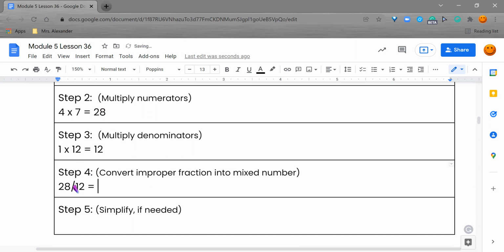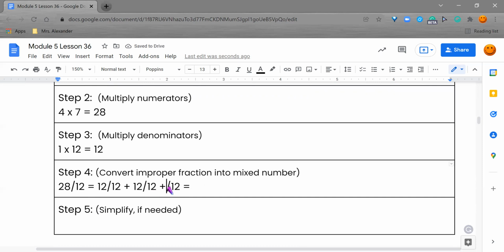We're going to see how many times 12 goes into 28. So we're going to skip count. I know I have 12, I have 24, and if I add another 12, it gives me 36, and I know that's too big. So I go 12, 24.